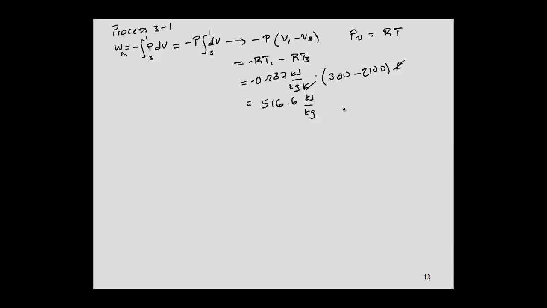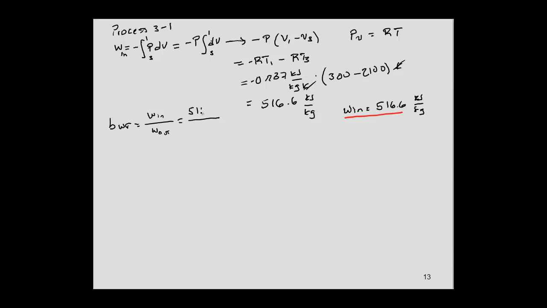Okay, this is important to underline. We are now ready to compute the back work ratio, and this is what percentage of the total work output needs to be introduced for this cycle to function.